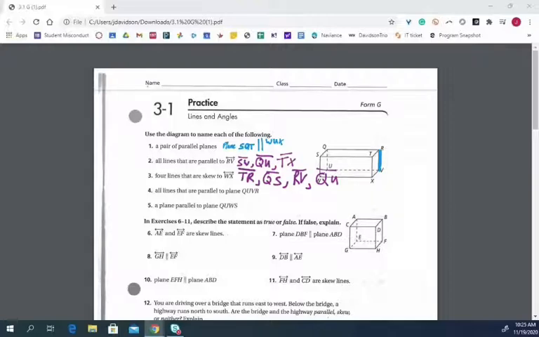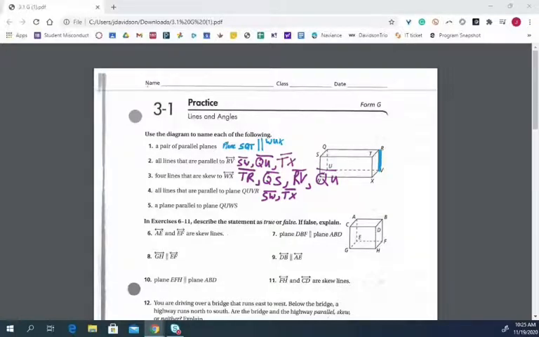All lines that are parallel to the plane. So there's only 2 that I see. SW is, yeah, SW and TX. I'm looking at the wrong thing. SW and TX is right. At least I'm making you think.